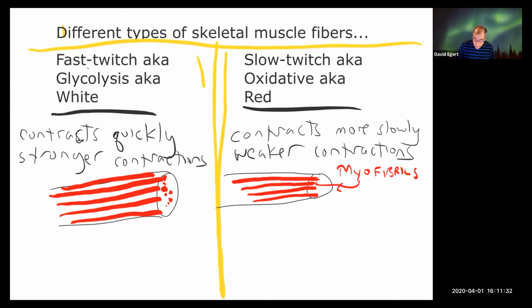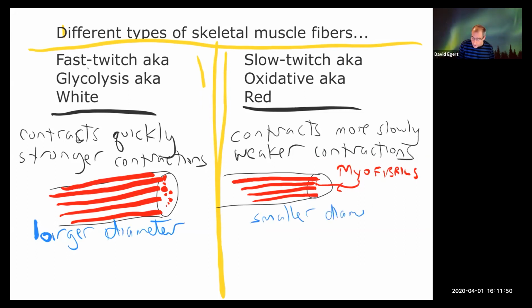So these are going to have larger diameters. These are going to have smaller diameters. That's kind of an anatomical thing, but that is related to why these contract more weakly. They're smaller in diameter, less myofibrils, less overall actin and myosin cross bridges pulling at the same time.